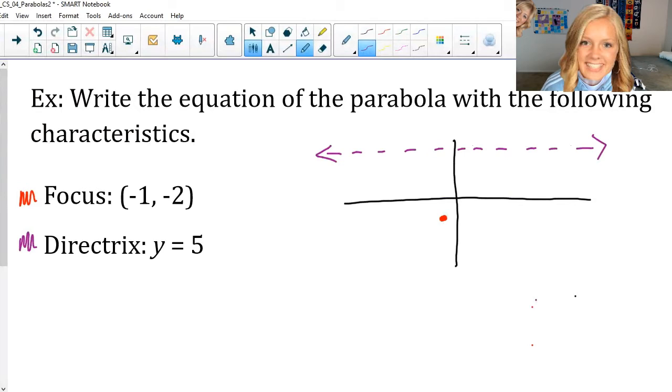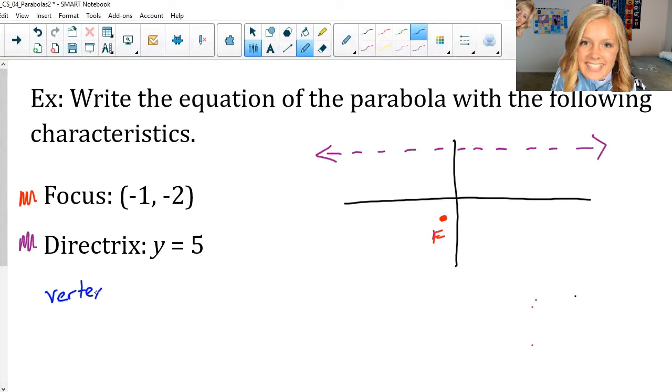Now this is slightly different because remember, this red point is the focus, right? Not the vertex.